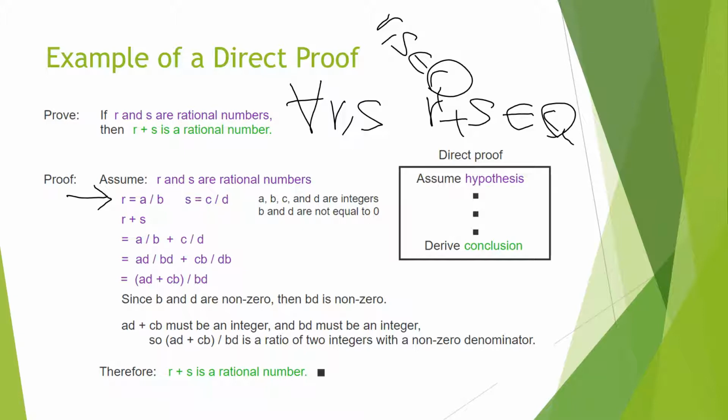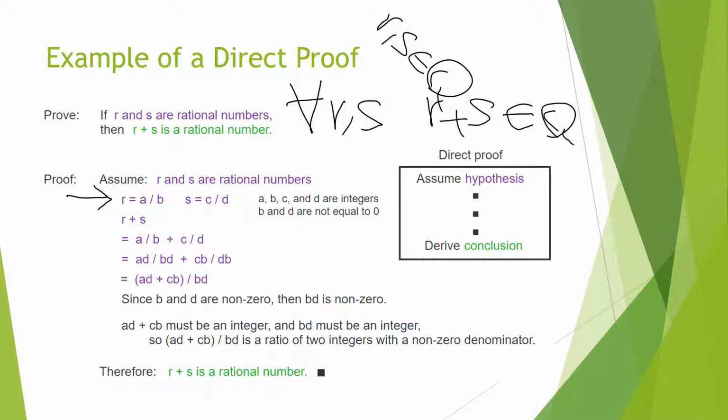Why? Because of the definition of rational numbers that we provided in the previous slide. So a, b, c, and d are all integers, but b and d, which are the denominators of the two fractions, cannot be 0. So they are not equal to 0.